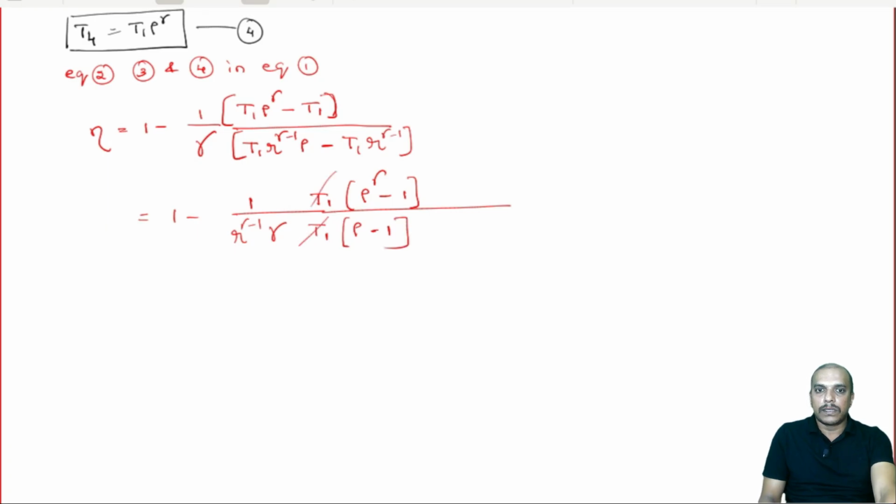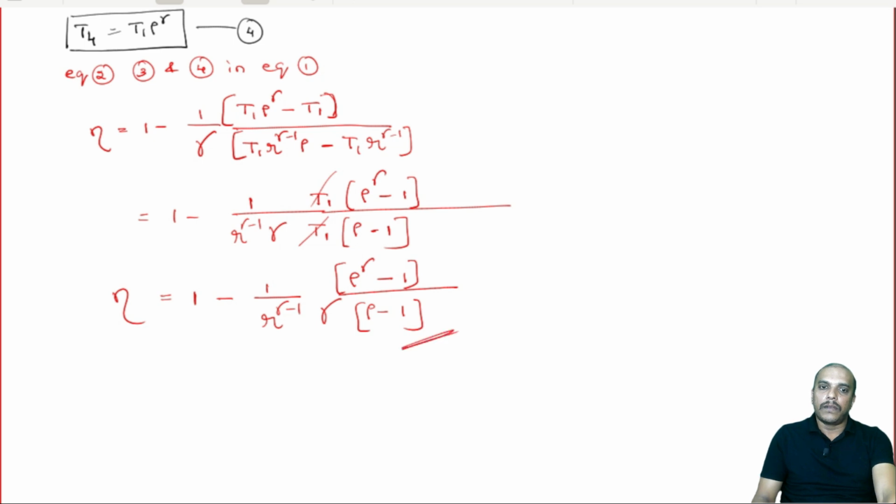T1 cancels out, and we end up with the expression: efficiency of a diesel engine is given by 1 minus 1 by R power gamma minus 1 into gamma, and this is rho power gamma minus 1 divided by rho minus 1. So, this is the expression for efficiency of a diesel engine.